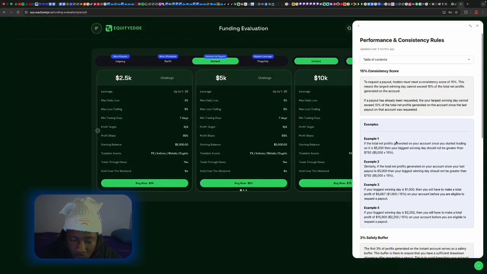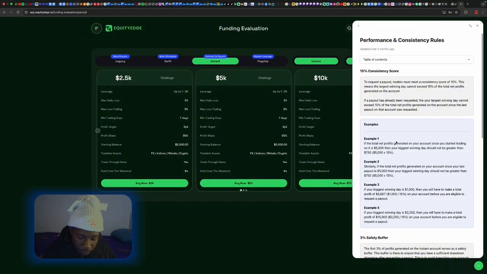So you need to trade with a plan. Let's say I trade a 5,000 account, for me to be able to withdraw my money fast, I need to calculate my 15%.